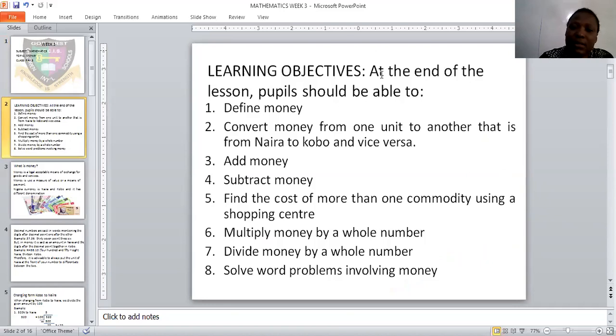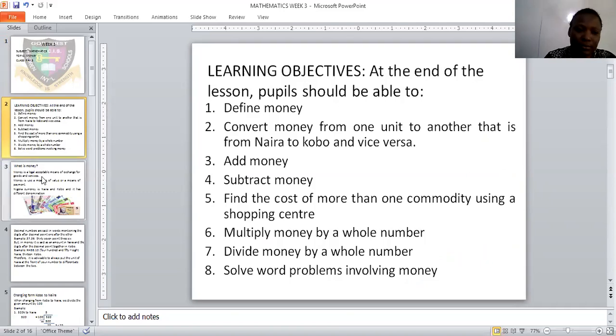Add money, subtract money, find the cost of more than one commodity using a shopping center. Multiply money by a whole number. Divide money by a whole number. Solve word problems involving money.